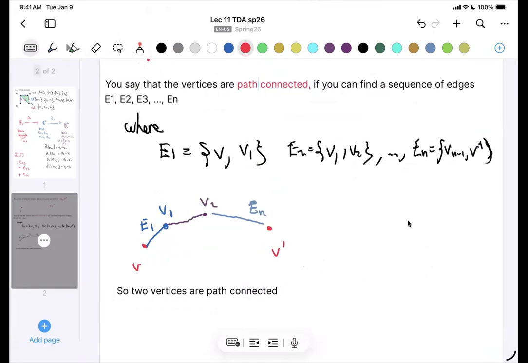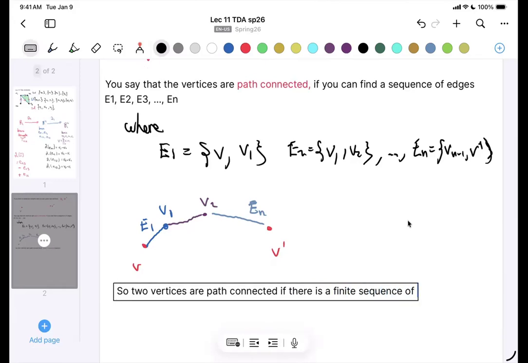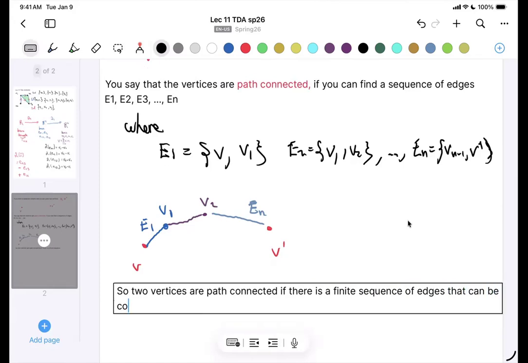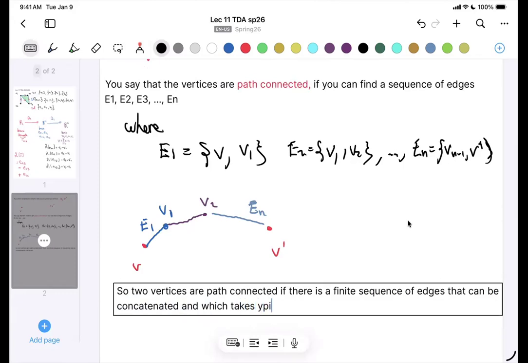So you're saying that two vertices are path connected if there's a finite sequence of edges that can be concatenated, and which pictorially takes you from V to V prime. Is that making sense?